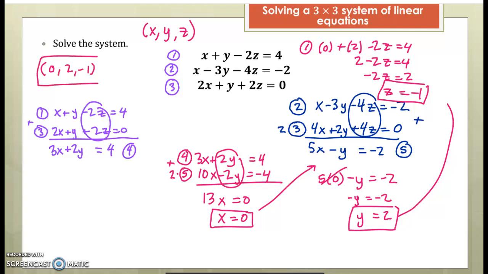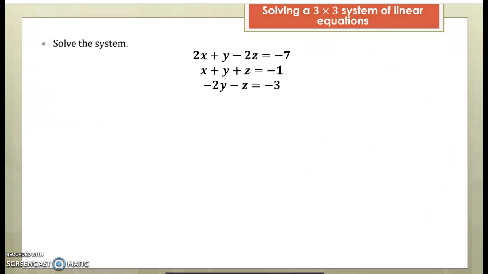So there's my first example for solving these equations. Now let's go ahead and look at this next one. Let's label our equations 1, 2, and 3. Now what I notice as I look at this is that 3 already has the x eliminated.